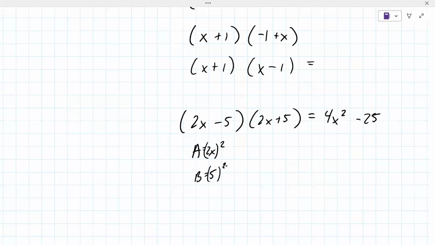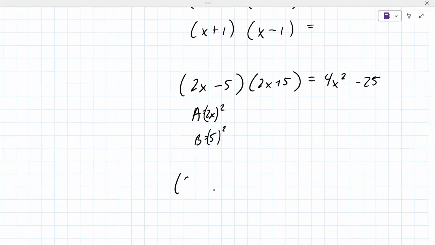Really good. Okay, let me give you a couple more here. Say it's 3x minus 2y, 3x plus 2y. What would that become? 9x squared minus 4y squared.